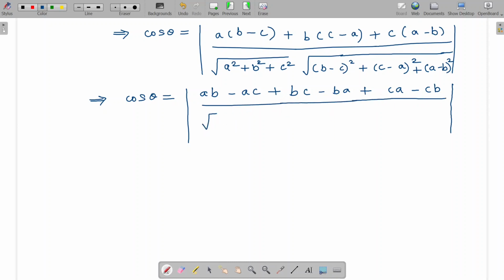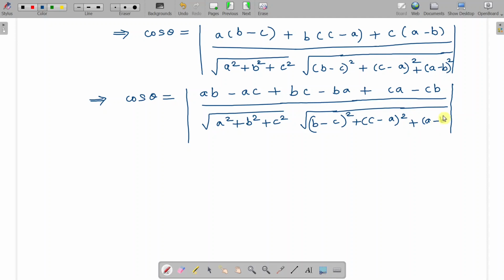So root of A square plus B square plus C square into root of B minus C the whole square plus C minus A the whole square plus A minus B the whole square.